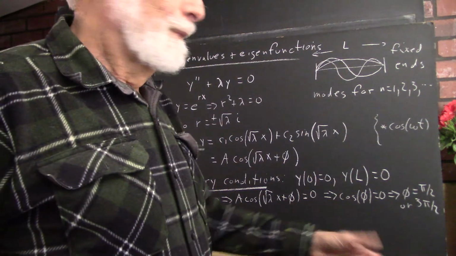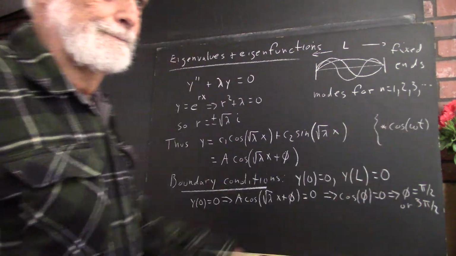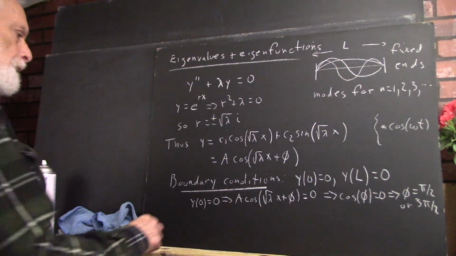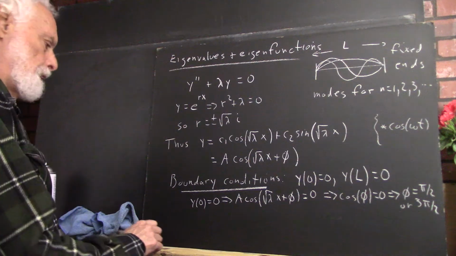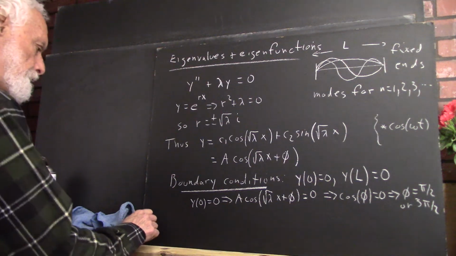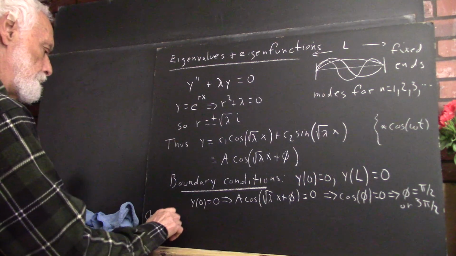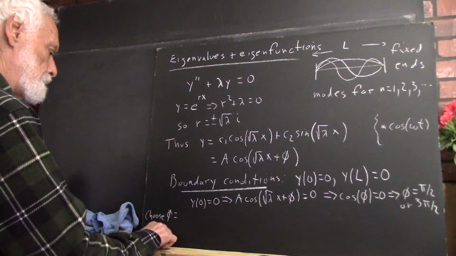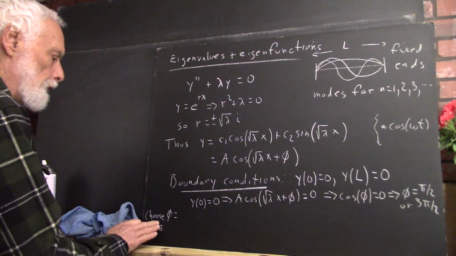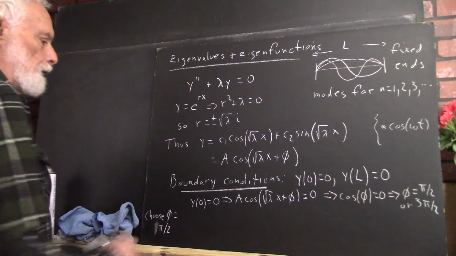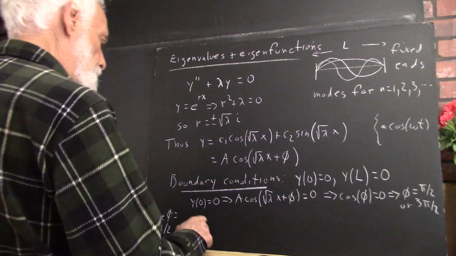We can pick. So we'll pick the smaller. Okay? So naturally I write 3 pi over 2, pi over 2.